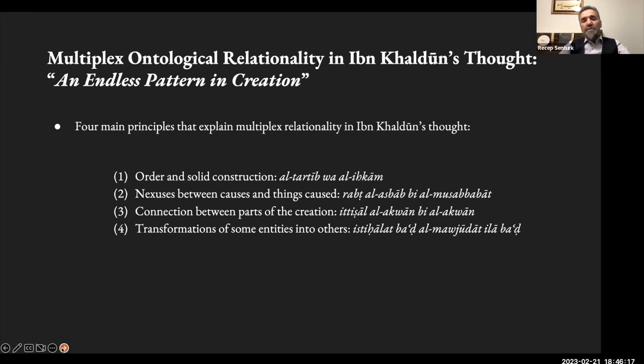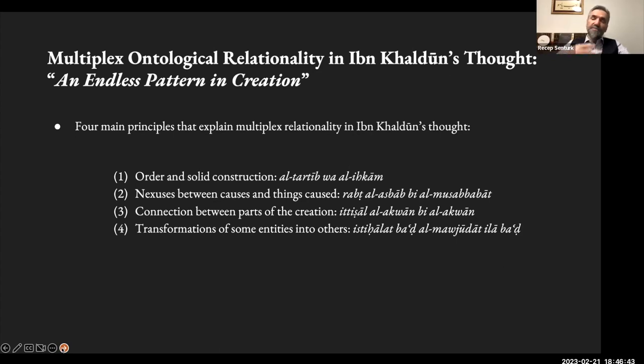Third, connection between parts of the creation. So different parts of creation are interrelated, interconnected. They are not separate, isolated from each other. Fourth, transformations of some entities into others, istihalat.